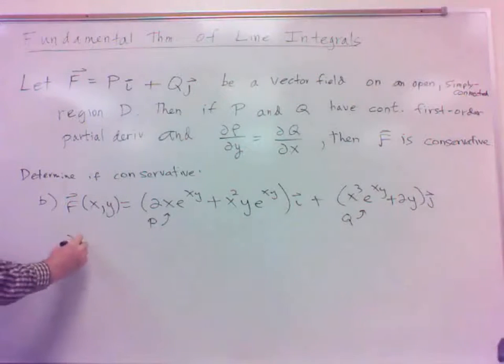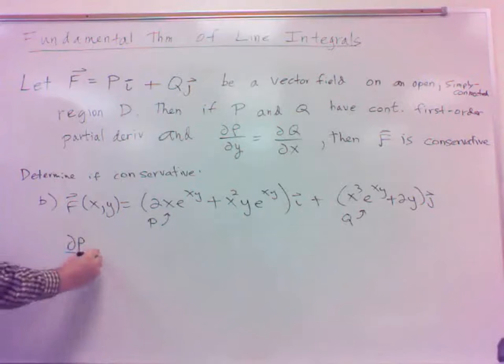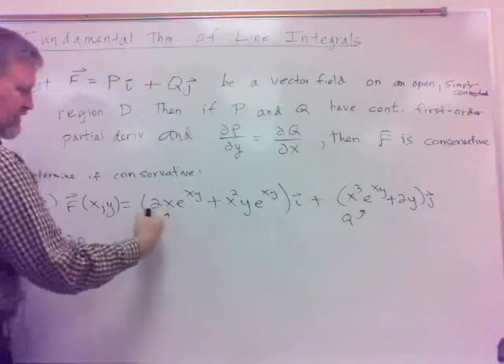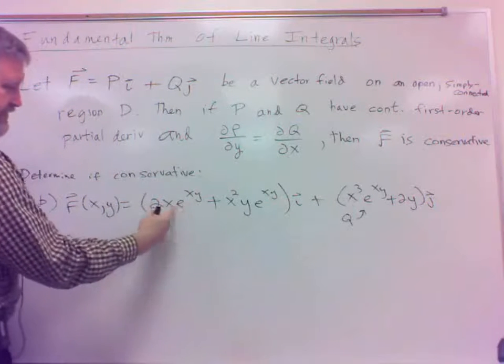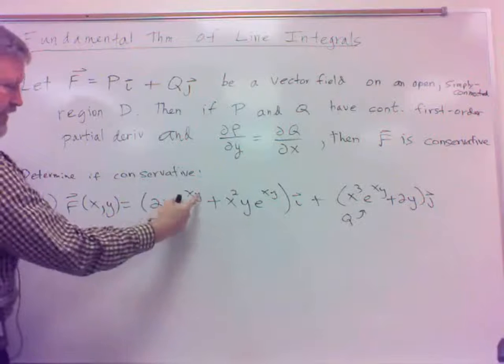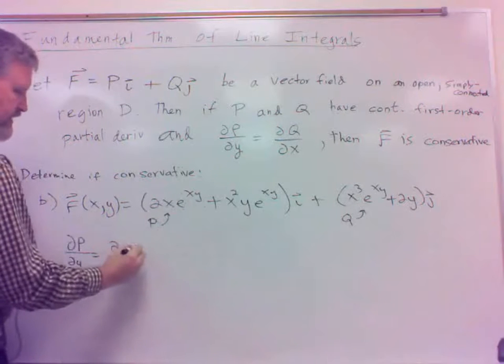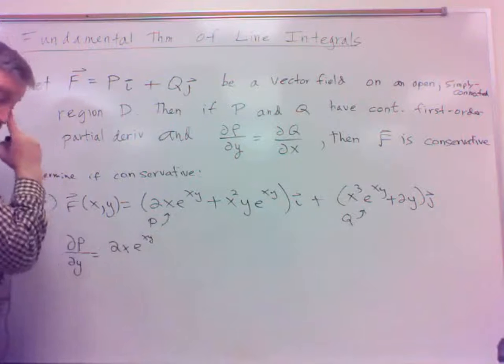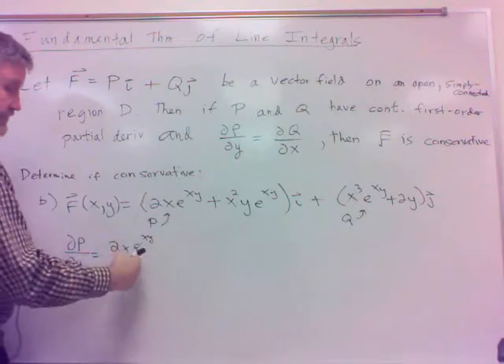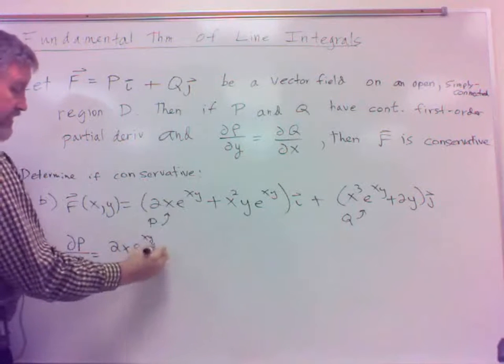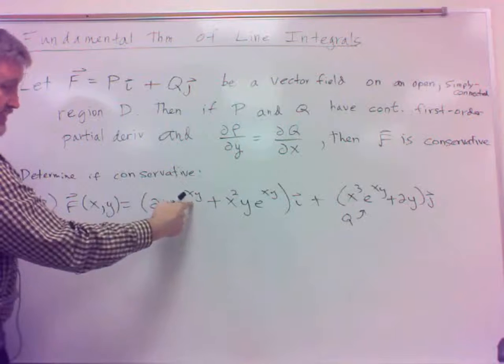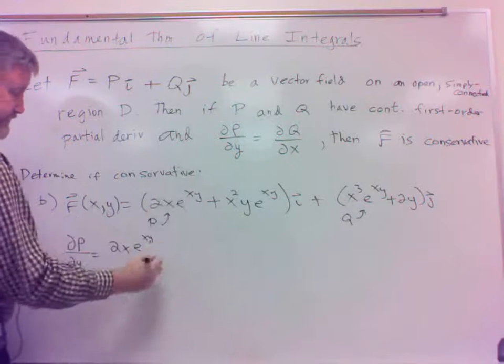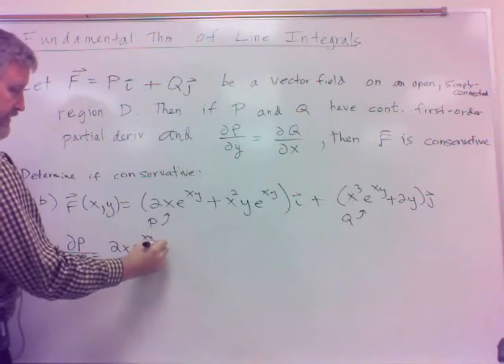The partial of P with respect to y. Well, first, that would be 2x times the derivative of e to the xy, which is e to the xy times x, since we're doing it with respect to y.